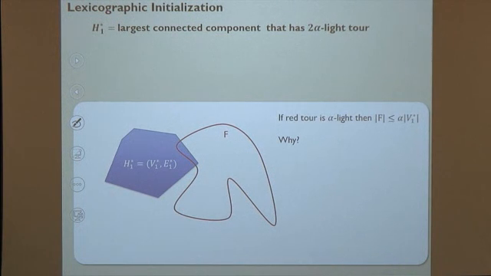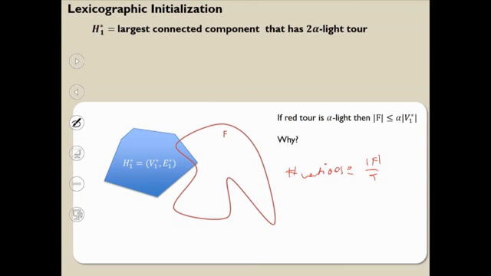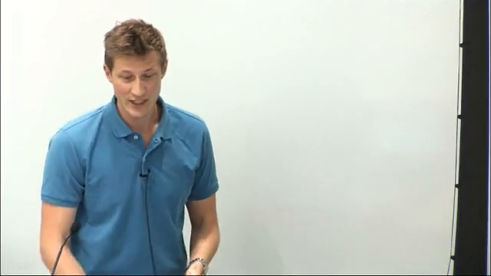You know that F is alpha light, so the number of vertices in F is at least F over alpha, right? Because it's alpha light. So if F is greater than alpha times V1 star, that means that F is alpha light and also contains more vertices than H1 star. But that contradicts our starting point. We started with the biggest component that contained a 2 alpha light tour. So then F should have been our H1 star instead. Okay? So that's what it buys us.